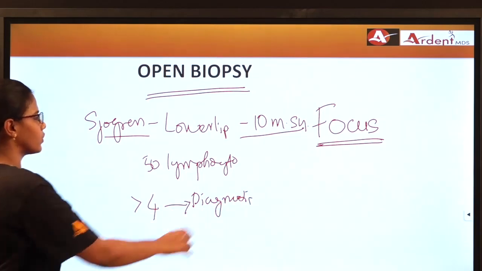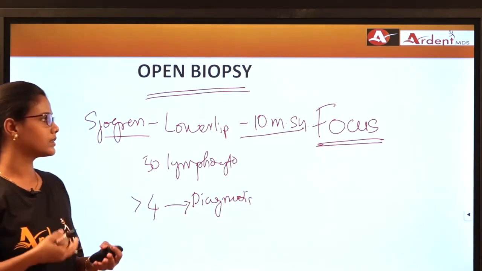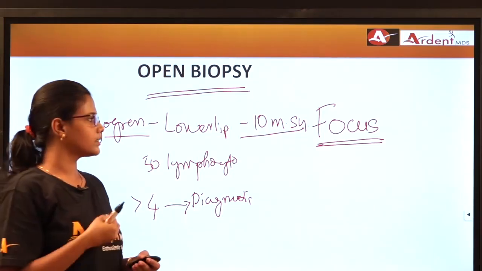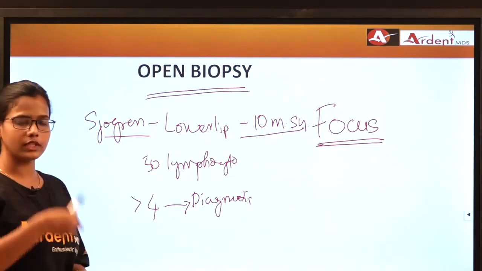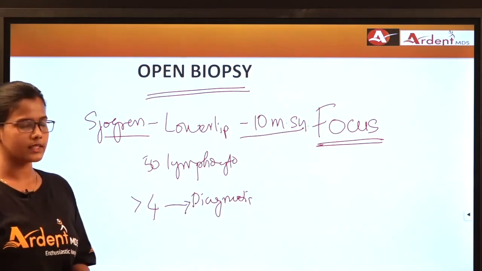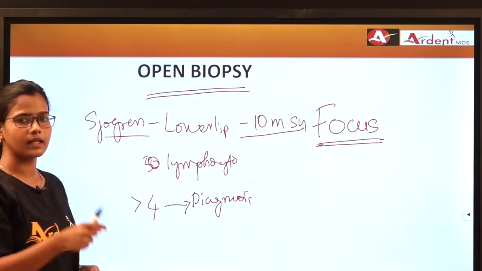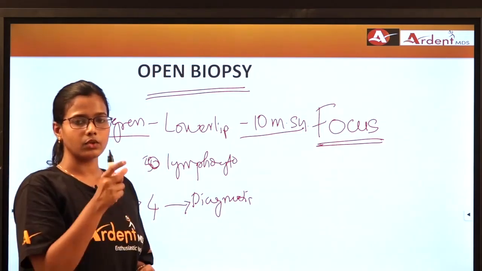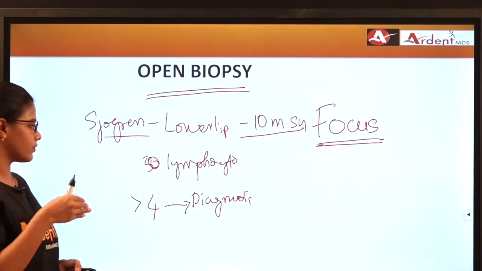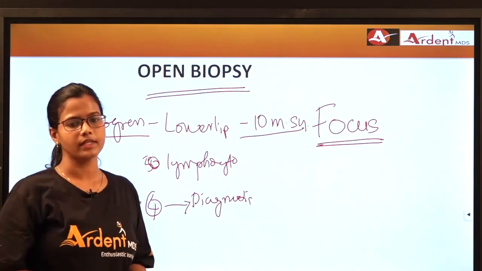So I will repeat, for Sjogren syndrome you will do a lower lip biopsy to get 10 minor salivary glands, and when you see these through your high power microscope, you will see many lymphocytes. If there are 50 lymphocytes, that is a focus. So greater than 4 foci is diagnostic on your open biopsy.